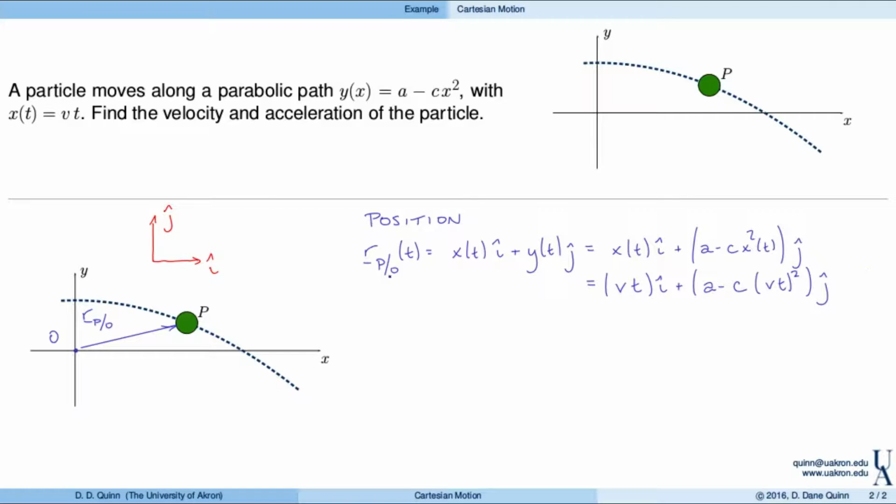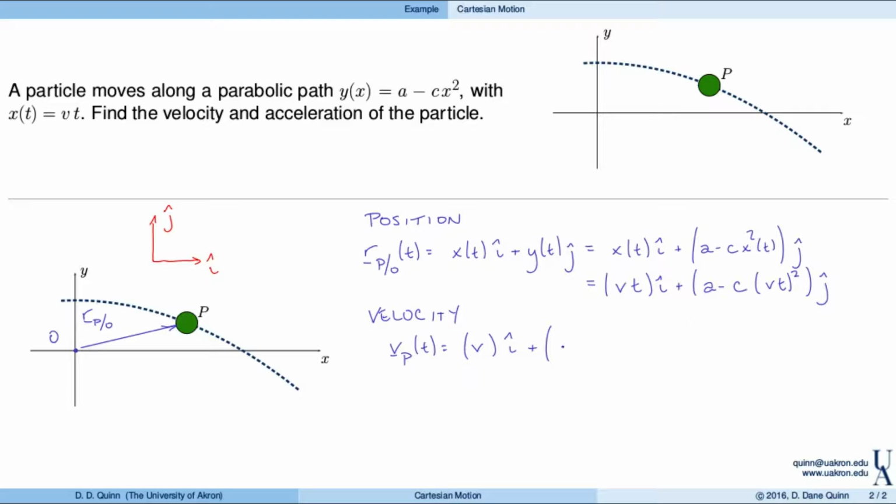So now we're looking for velocity and acceleration. Velocity is simply the derivative of position, right? So we'll look at the position vector and evaluate the change. So the velocity as a function of time is the derivative of this as a function of time. So we have v in the i direction because v is the derivative of vt.